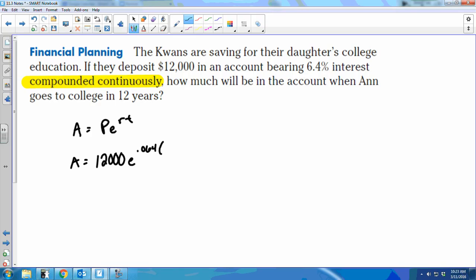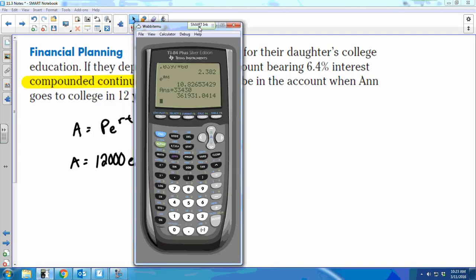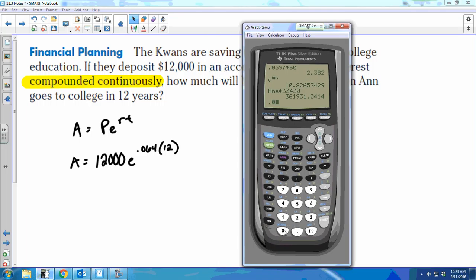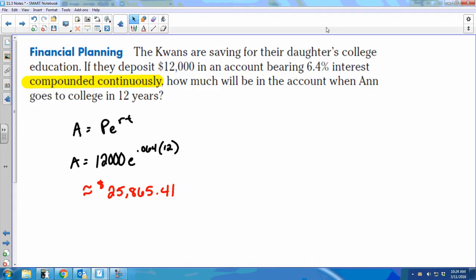And how many years? So the account would yield approximately $25,865.41.